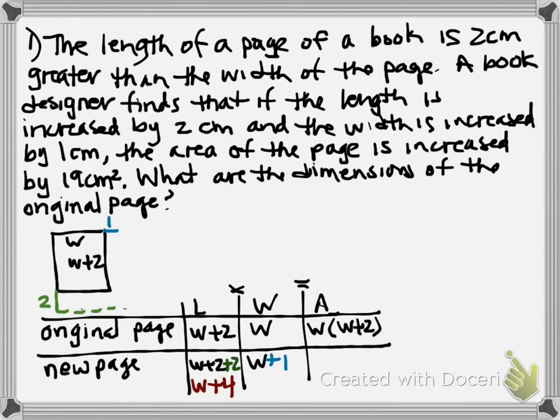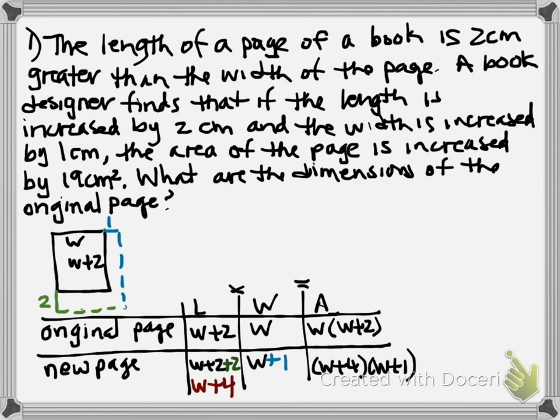Oh, wait, so if you increase one, okay. Okay, so each side gets only increased once. So I increase the length and I increase the width. So now the area of that outer rectangle, so I have an inner rectangle and I have an outer rectangle, the area would be the product of those two dimensions.